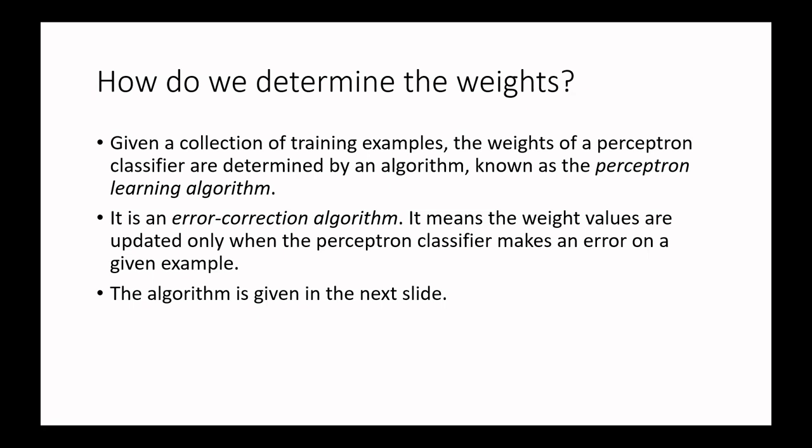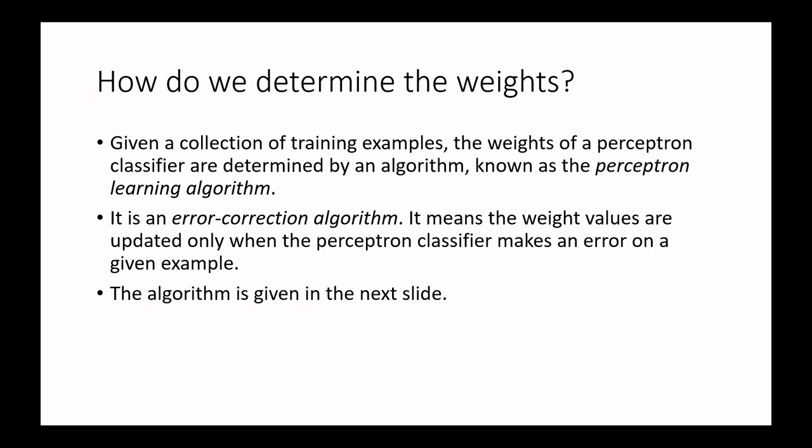When it looks at an example, the algorithm will try to predict whether it thinks the example is from class 1 or class 2. If the prediction by the algorithm matches the actual class membership of the example, then we say that no error has occurred.